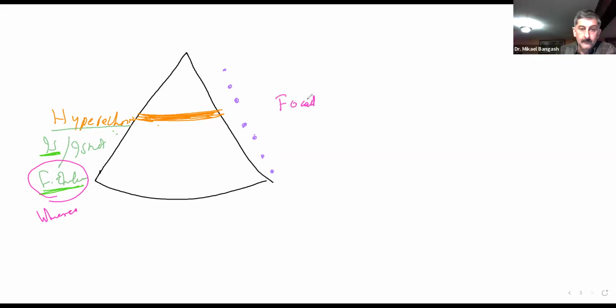Clear? So if you see this band here, like this, at your focal point, you're going to say, well, this is nothing but just a focal enhancement. Did that make sense?